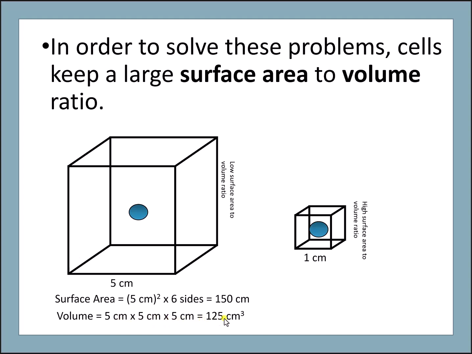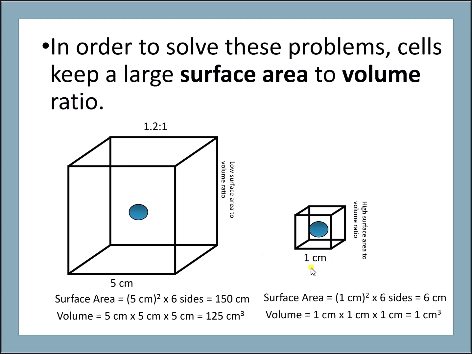And so our volume is 125 cubic centimeters. So if we divide that out, surface area to volume, we're going to get a 1.2 to 1 ratio. So 150 divided by 125 is a 1.2 to 1 ratio. So in other words, the surface area of the cell and the volume are very similar.